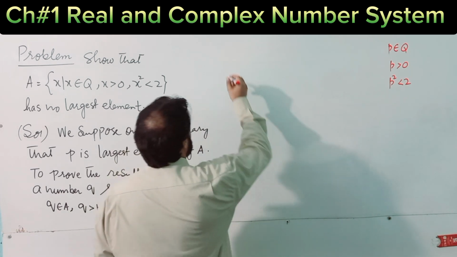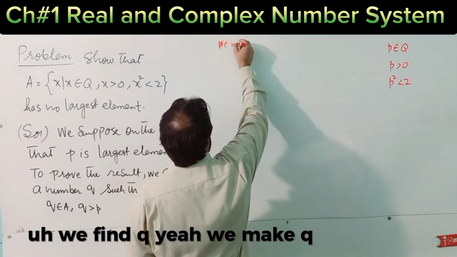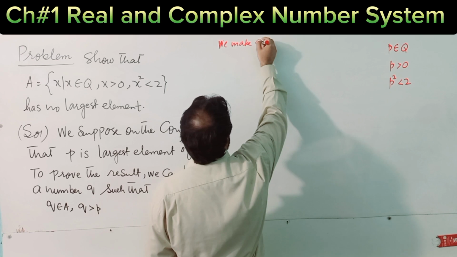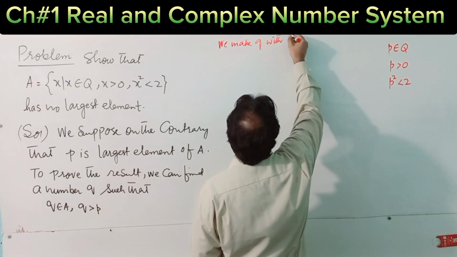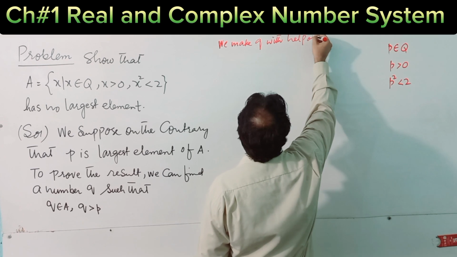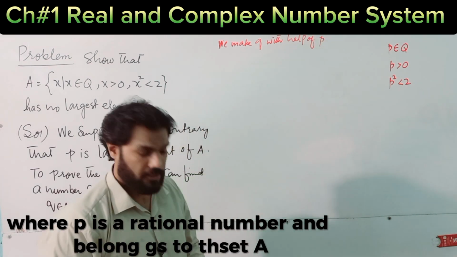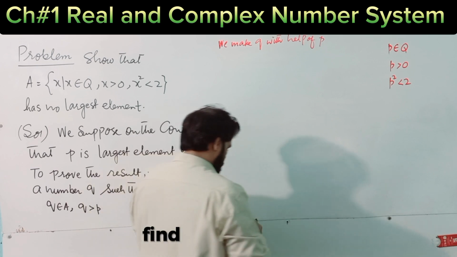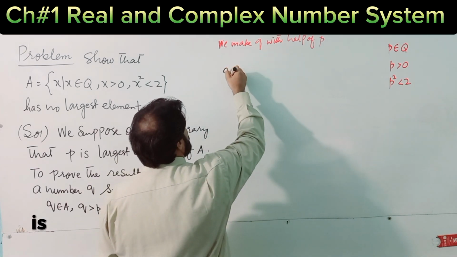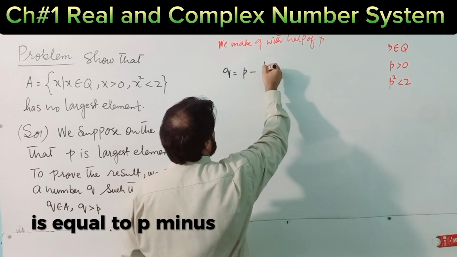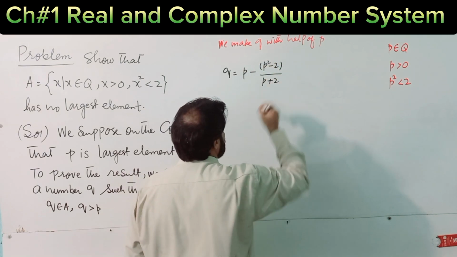So we make Q with the help of P, where P is a rational number and belongs to the set A. We take Q equal to P minus (P square minus 2) over (P plus 2).